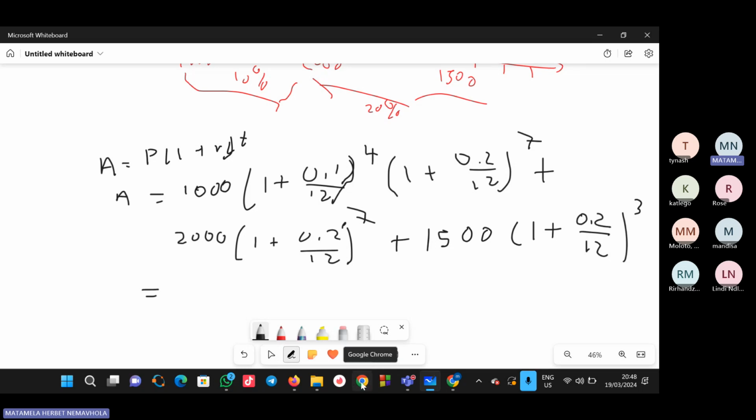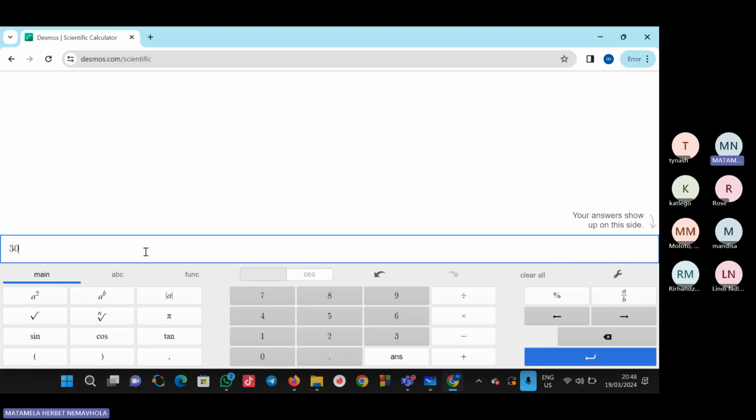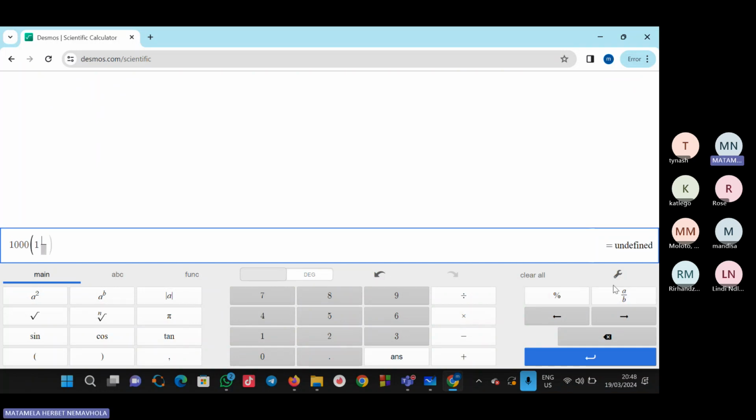So let me see if I remember what I just wrote. If I have to use that calculator, it's going to be a long journey. It's going to start with 1,000 in brackets 1, then I will have to put 0.1 over 12 to the power, what?